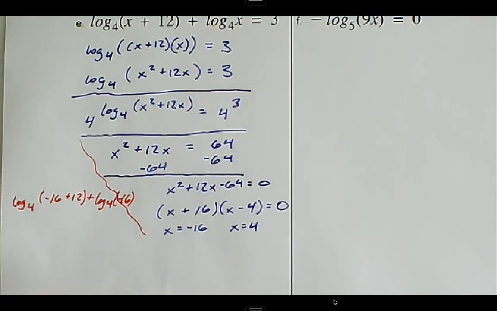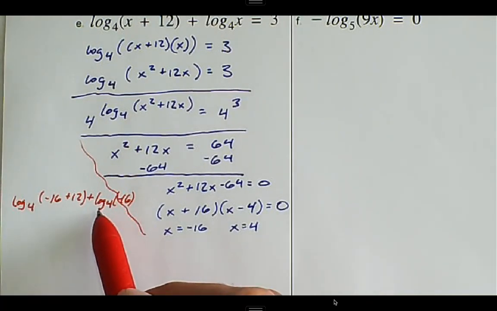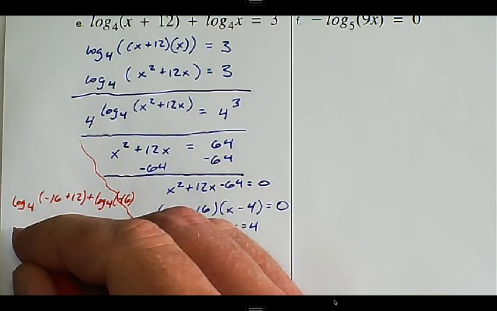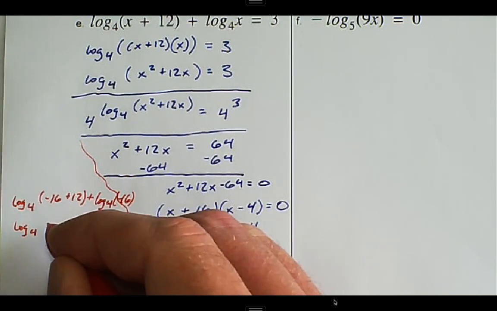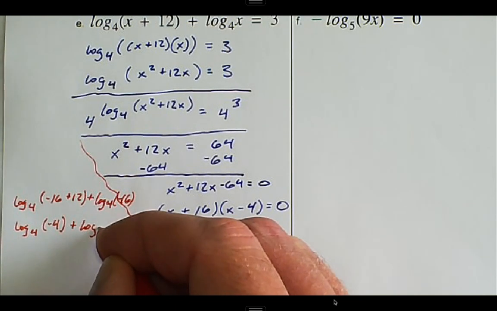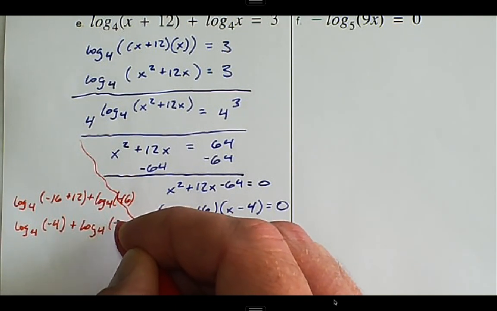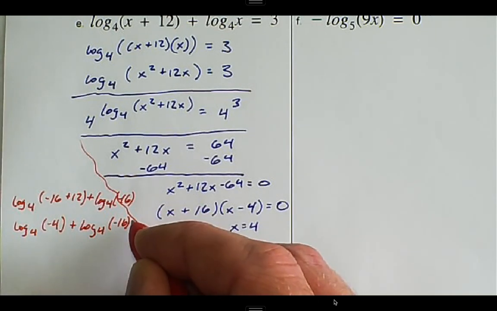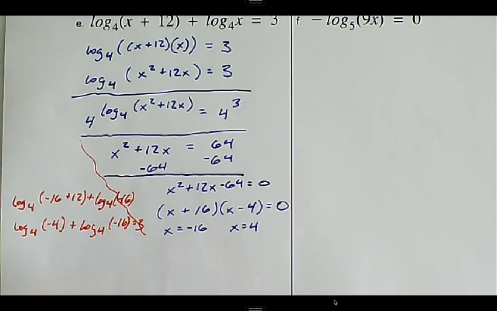Already this one won't work, but log base 4 of negative 4 plus log base 4 of negative 16 is equal to 3. Eventually, this will end up equaling positive 64, and it will look like it works, but log base 4 of negative 4 and log base 4 of negative 16 are undefined, so we can't use that.